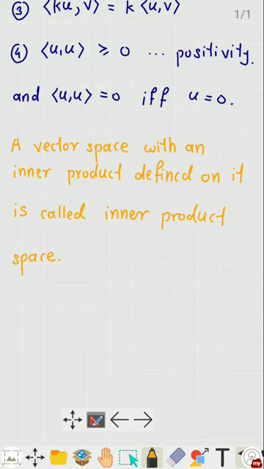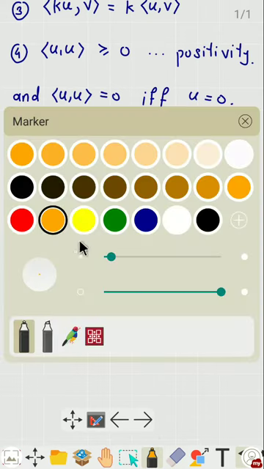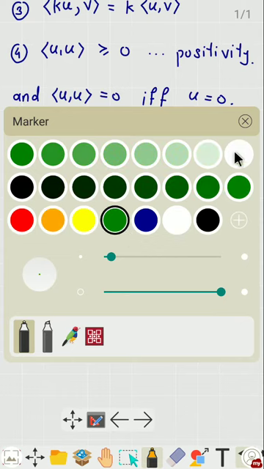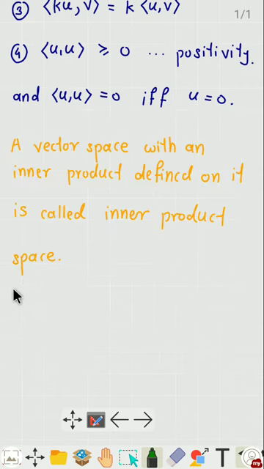Okay, so let us take one example on the inner product space.